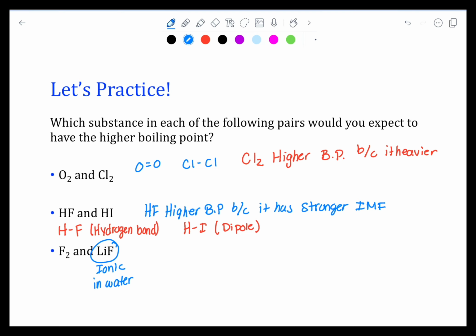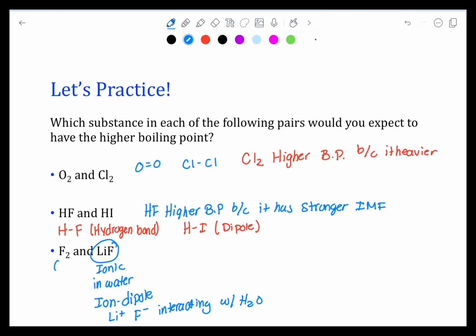We don't know any other type of solution, so we're going to think of water. So if I have an ionic compound in water, our intermolecular force is going to be ion dipole because the Li plus and F minus are interacting with the polar H2O.